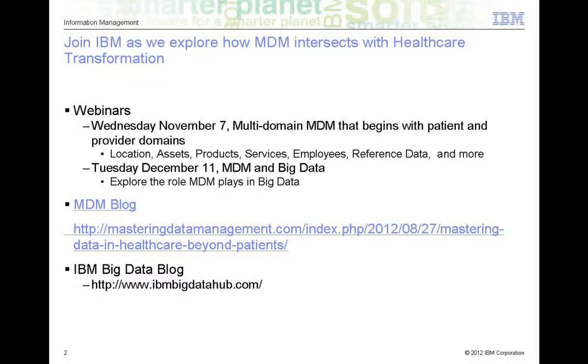Many of you on the line may also be using our technology to address the provider domain of master data management, and we'll explore other issues. So we're starting this series today by discussing the Clinical Hub and MDM, and specifically operational analytics.